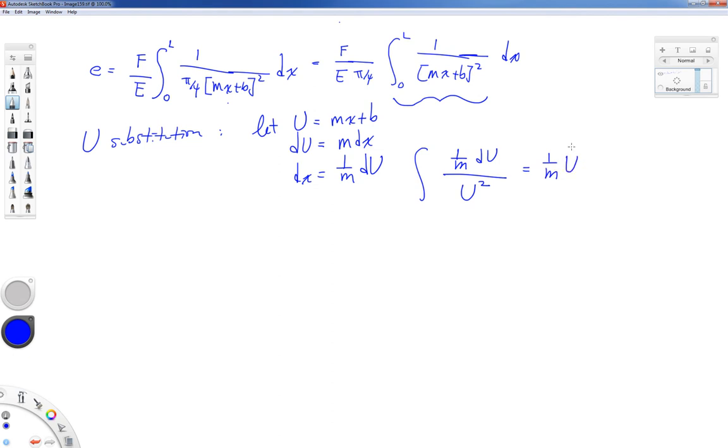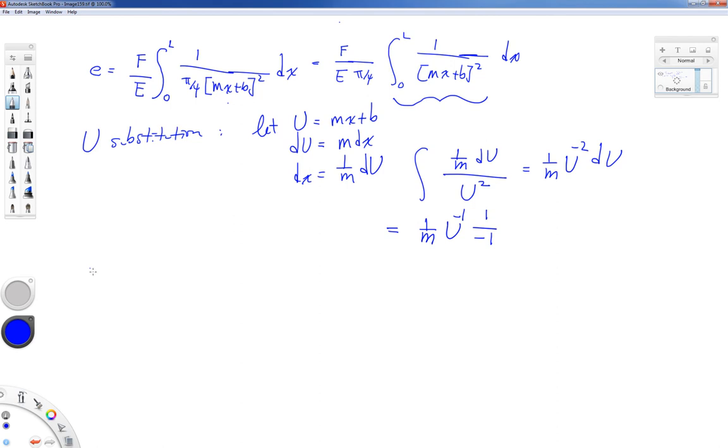Let me write it this way: 1 over m times u to the minus 2 power times du. If we integrate that, we can do that straightforward. We add 1 to the exponent, and we divide by the new exponent. So we have 1 over m u to the minus 1 power, and we're going to divide by minus 1.